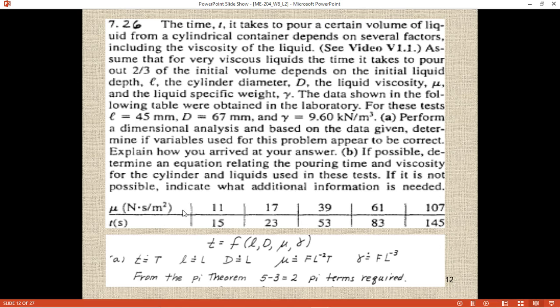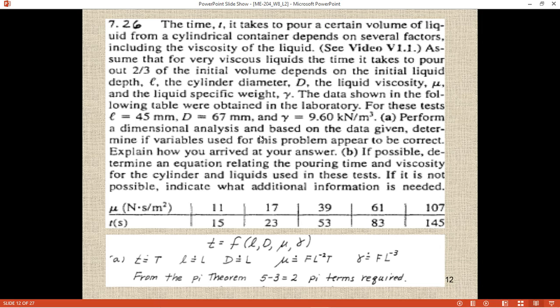This is the viscosity of different liquids, and one liquid took 15 minutes to pour out 2/3 of its initial volume. The size of the container: the length of the cylinder is 45 mm.